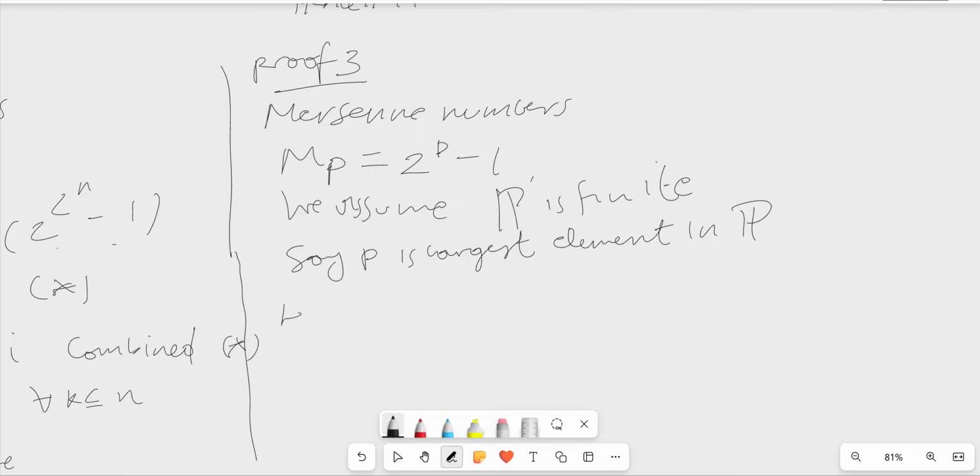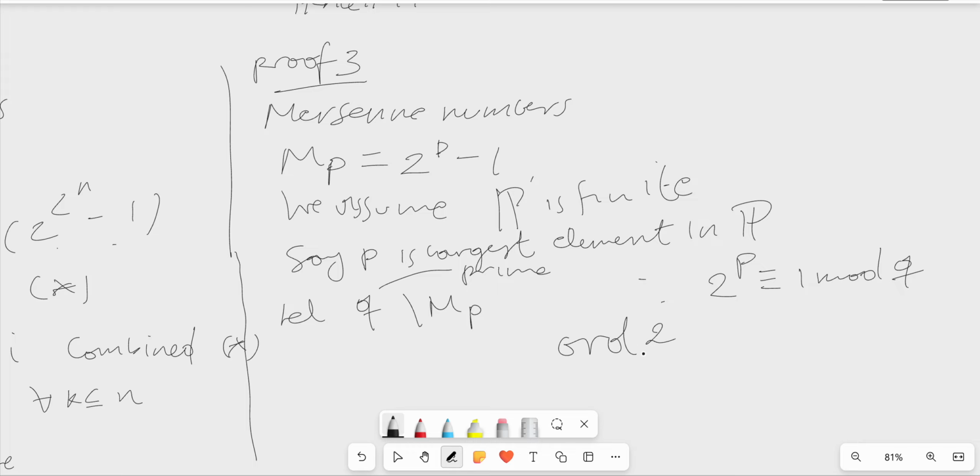And let Q divide M_P, Q a prime. By modular notation, 2 to the P is equivalent to 1 mod Q. So what does this mean? Reminding ourselves, the order of 2 mod Q is P. It can't be 1 as 2 is different to 1, so it's P.